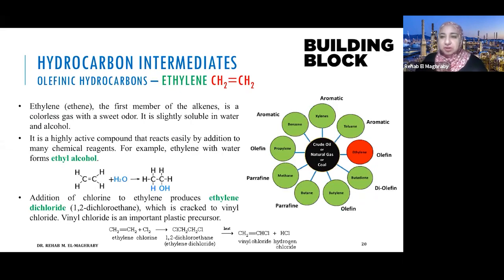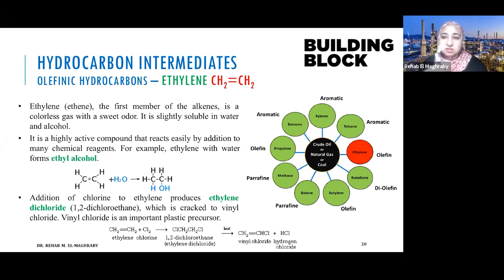The starting material in the olefins is ethylene. Ethylene has two carbons with a double bond between them, and there are hydrogens also. Ethylene by itself is reactive. It can react with water, as you can see here, to get ethanol, which is ethyl alcohol, the alcohol you use to sanitize your hands for coronavirus and other things.